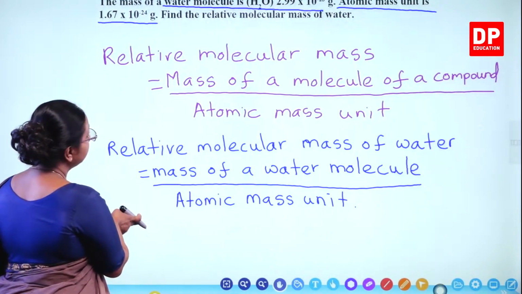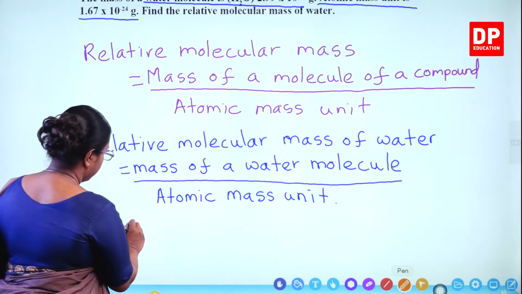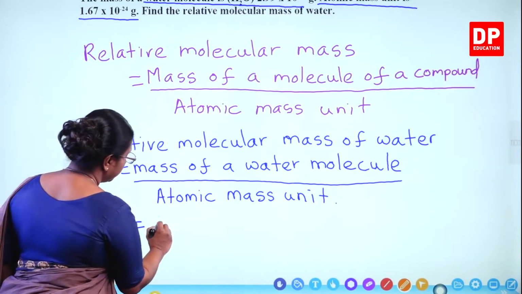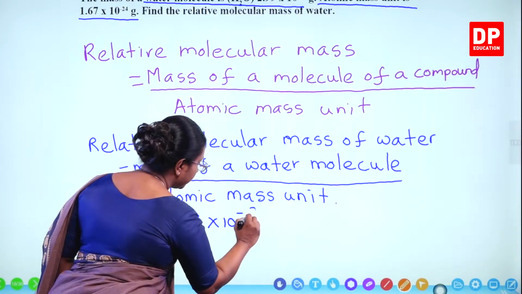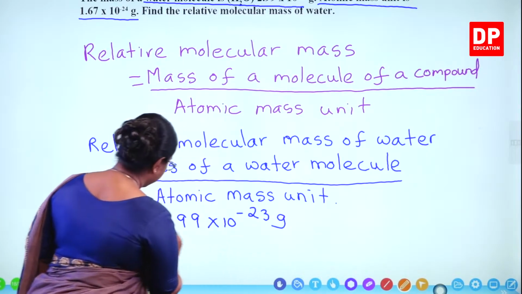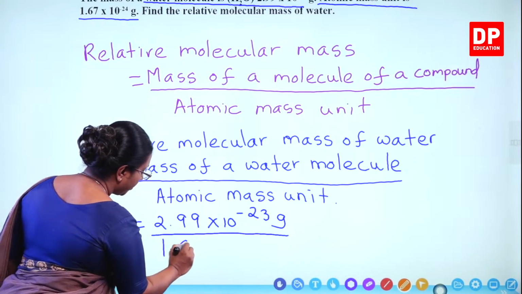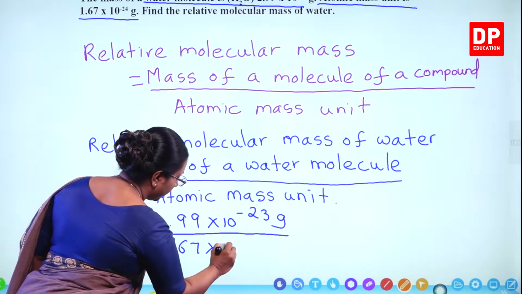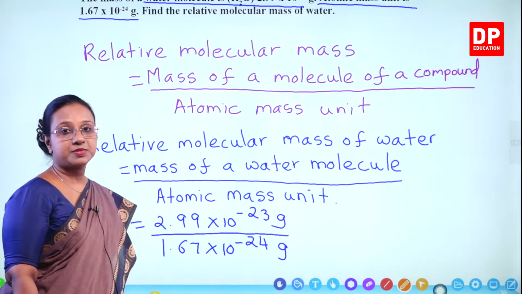So then we substitute the values. That is equal to 2.99 into 10 to the minus 23 grams divided by 1.67 into 10 to the minus 24 grams.